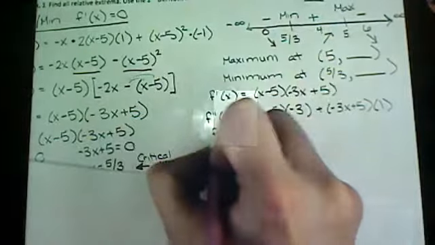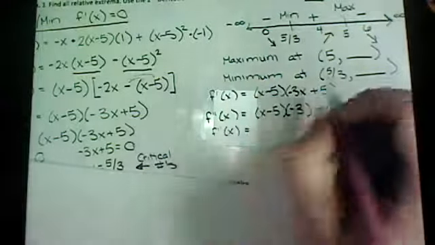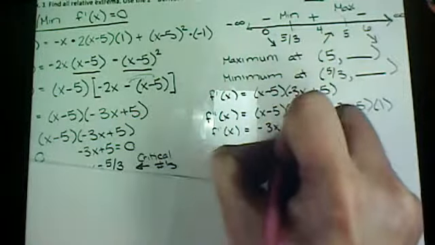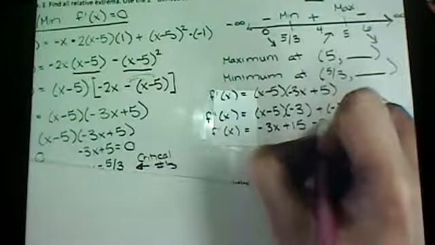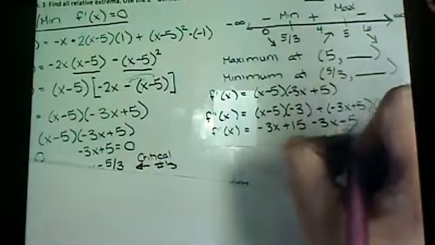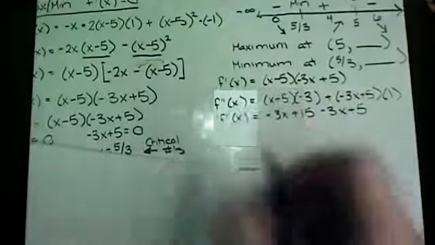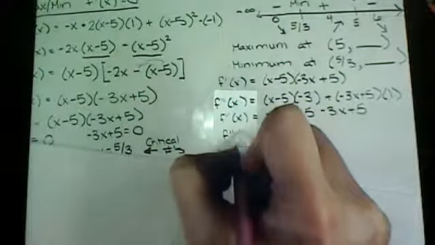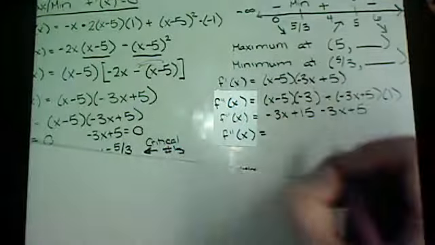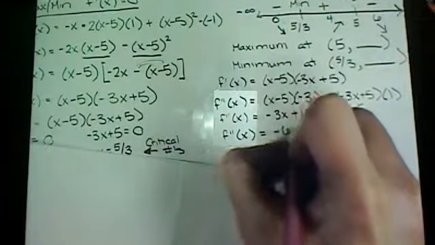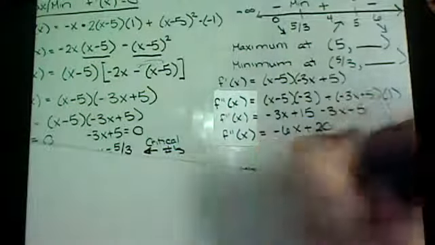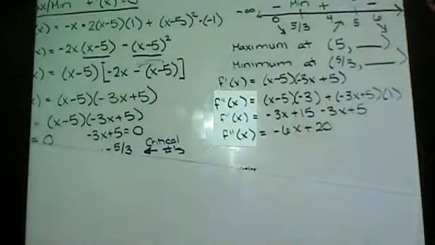Start cleaning it up. We get negative 3x plus 15 minus 3x plus 5. Combine your like terms. We get negative 6x plus 20.